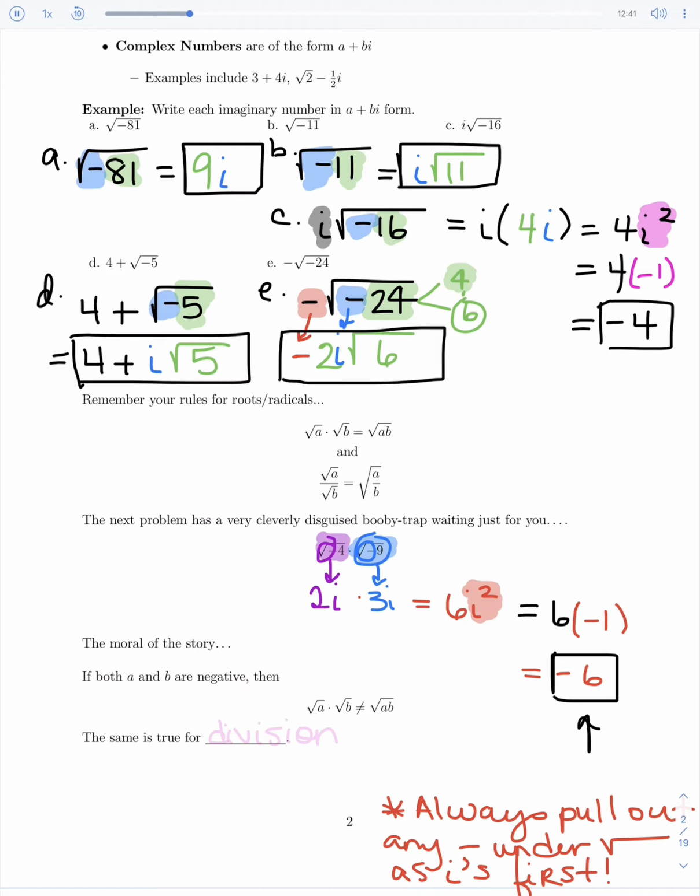This is going to be true whether we're doing multiplication, like in this case, or division as well. We have to pull out the i's first, and then we can multiply or divide. So let's take a look at an example.